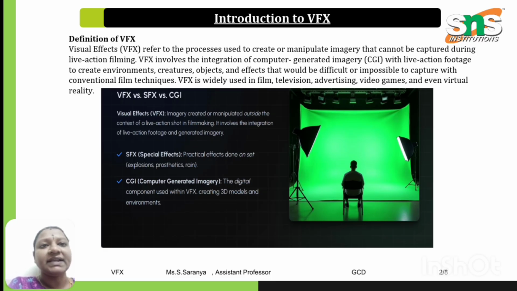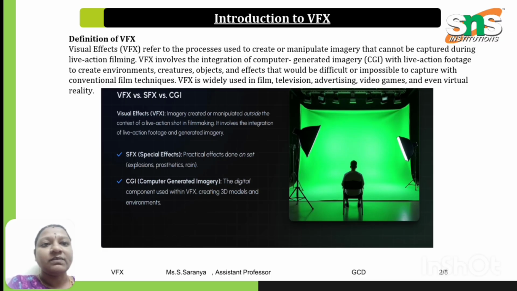We have three types of effects. First one is VFX, then special effects, then CGI. VFX is imagery created for the live action content outside the camera. Moreover, it is done only in post production, not in pre-production or production.